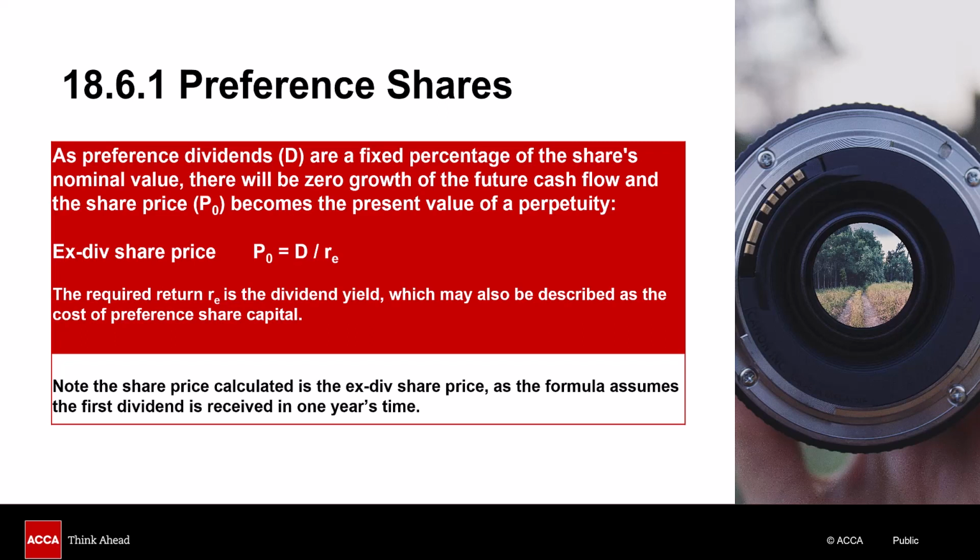So the ex-div share price is going to be the dividend in dollars divided by the required return from the preference share holder. And remember, that are both pre-tax. There's no tax deduction on that dividend, and the required return is from the investor's point of view.